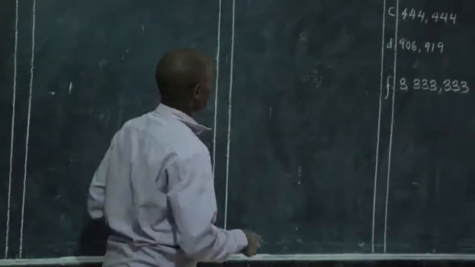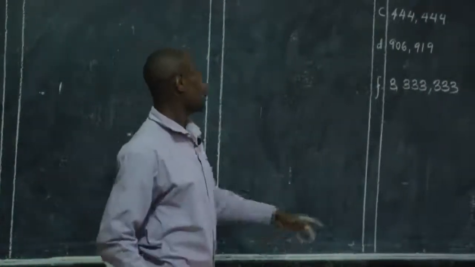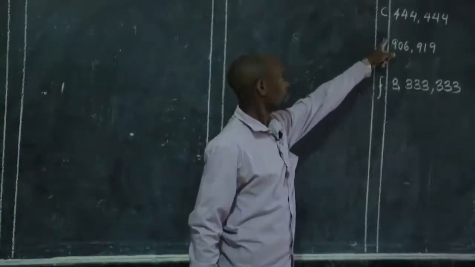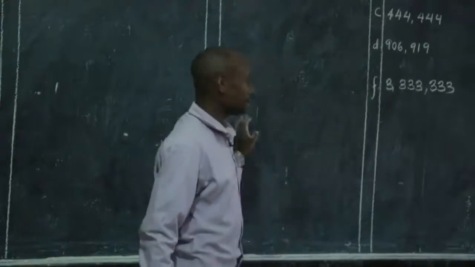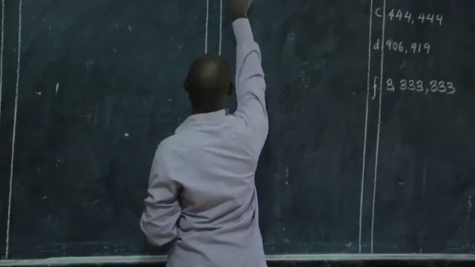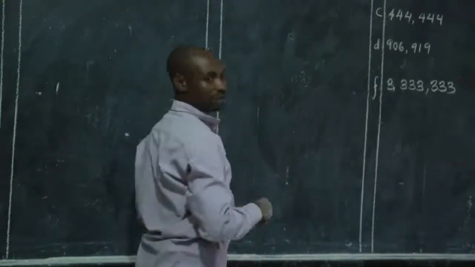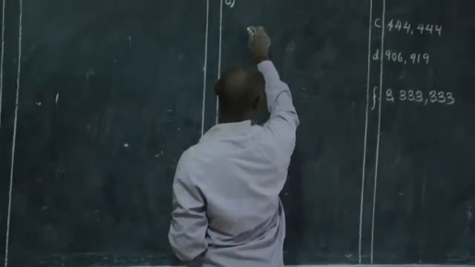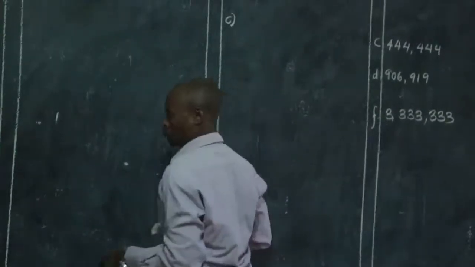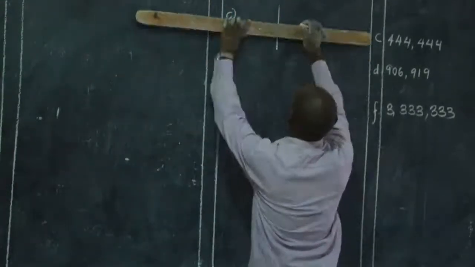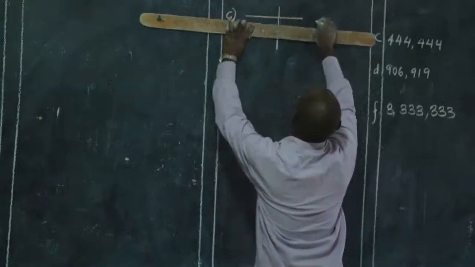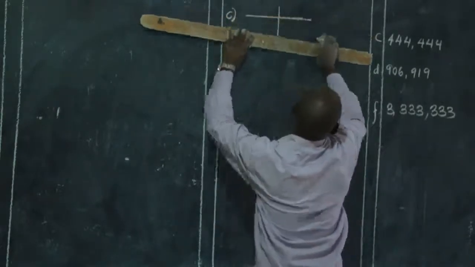So, C, we are writing that number 444 in words, okay? And I told you that when you are told to write that number in words, you are going to draw a place value table. And a place value table will have to look like this, okay?